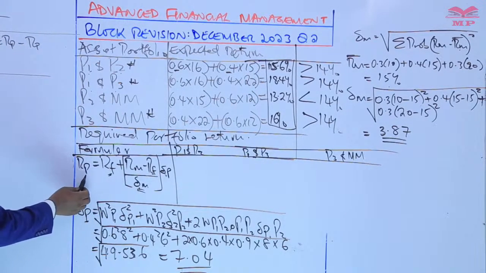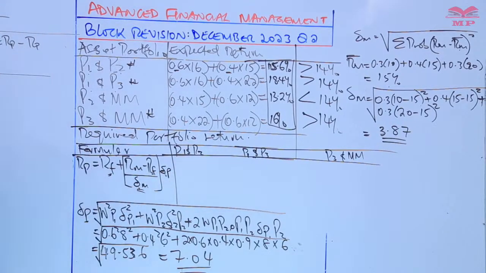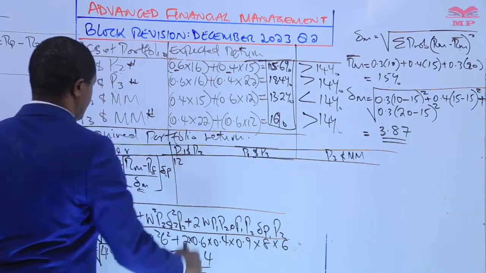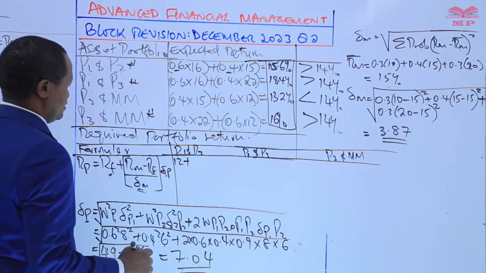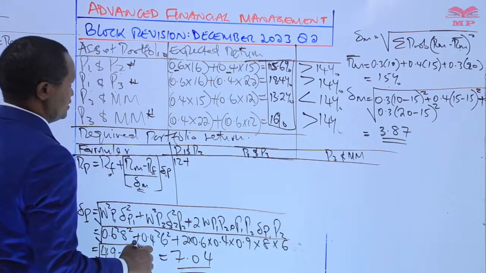required rate of return for portfolio P1, P2, because we have the risk-free rate, 12%, plus the return.